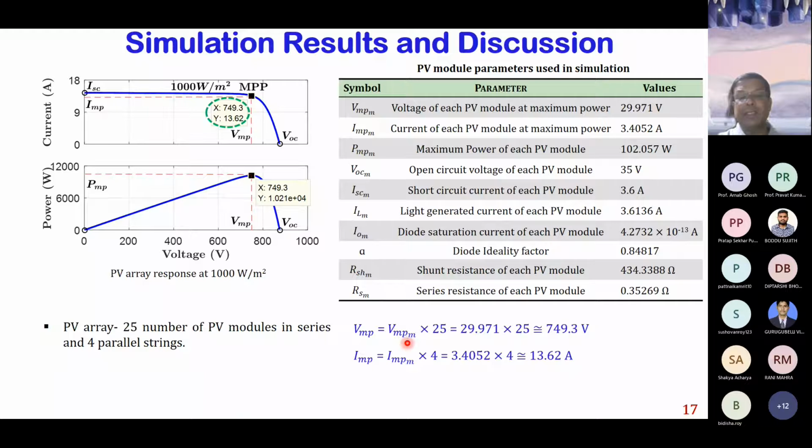VMP is basically the voltage, and there are 4 strings, so it is 749.3 volt, and IMP is 13.62 ampere. Therefore the PMP is VMP into IMP, that is 10.2 kilowatt.